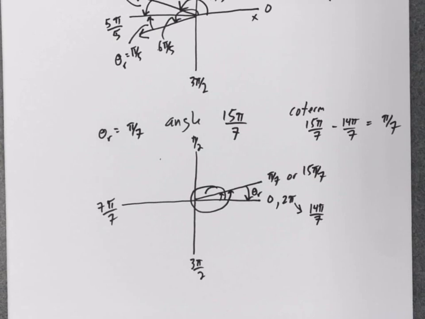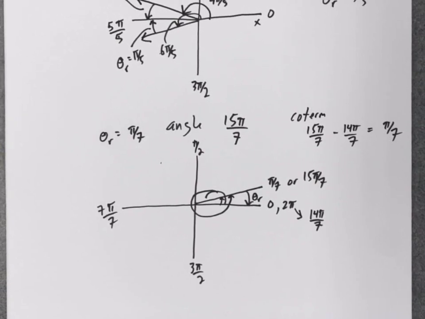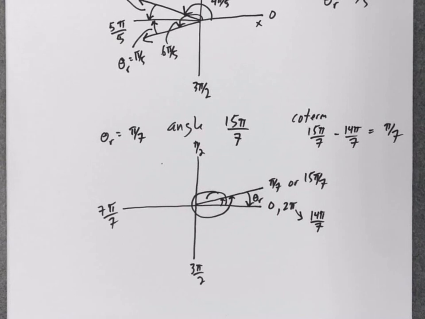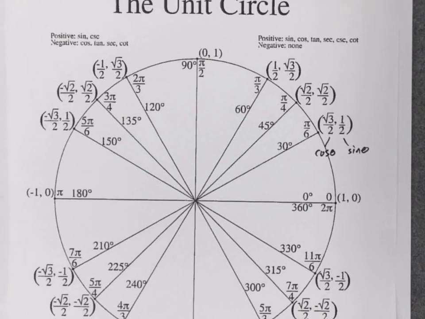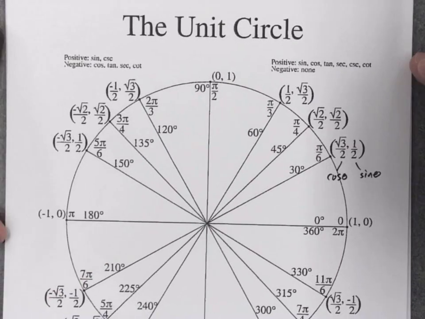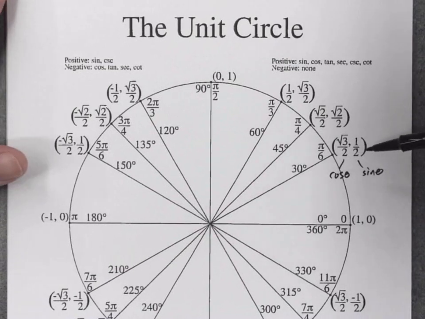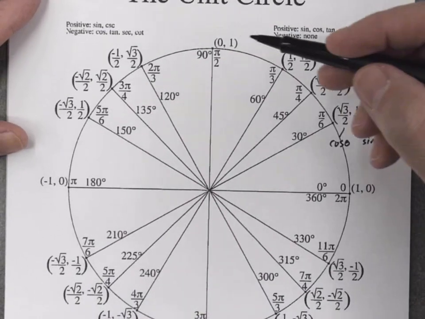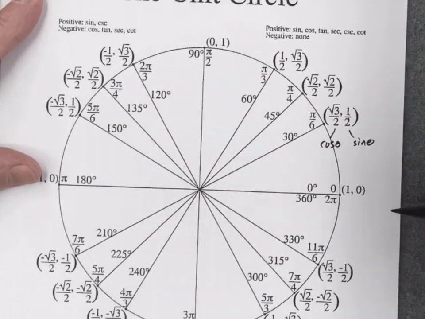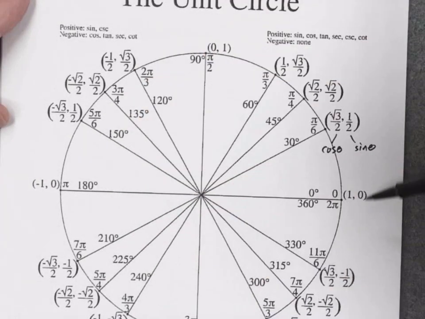Now here is a brief explanation of the power of reference angles in trig. And later on, we will need to use reference angles, but for now, let me explain why reference angles really play a key role. We've been learning how to use the unit circle. So once again, the unit circle is all the special angles from 0 to 360 degrees, or from 0 to 2 pi radians.